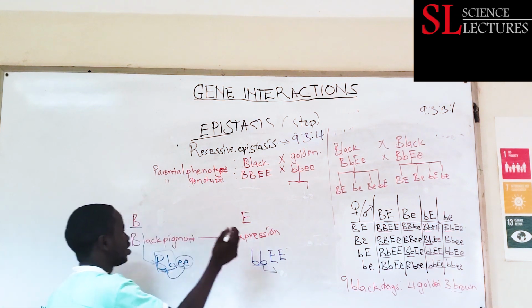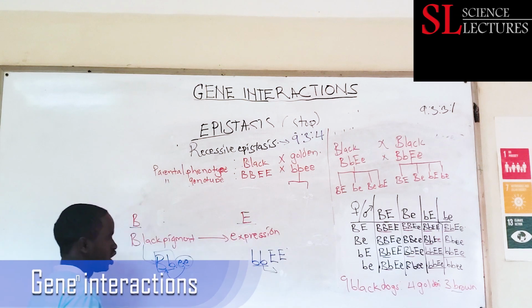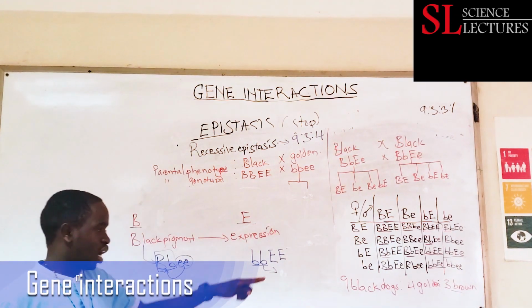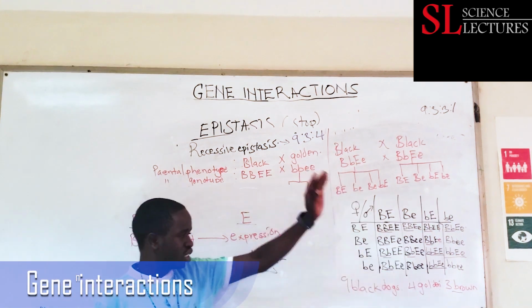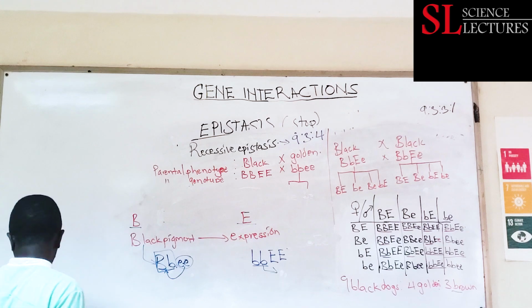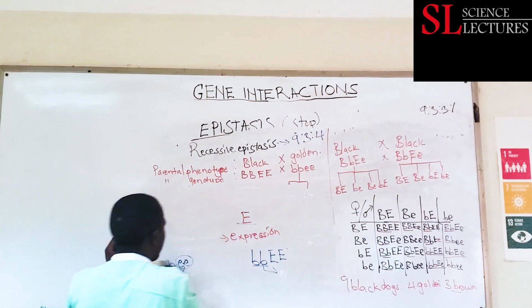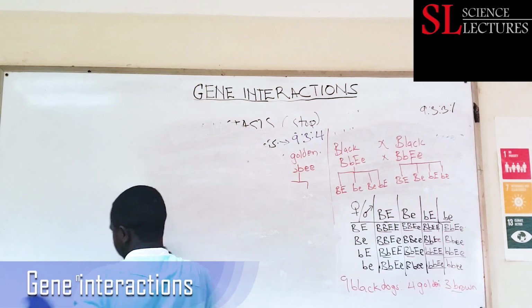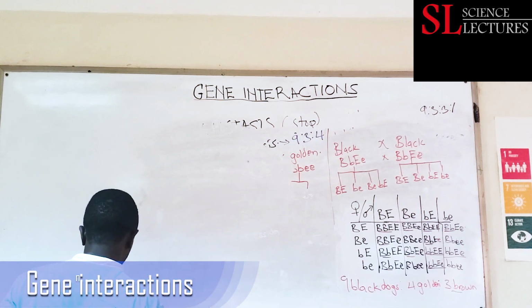Having any mutations in either gene B or gene E will give us completely a different phenotype. And the ratio is 9 to 3 to 4. Hope that is understood. So let's sum up everything with a very simple table that summarizes whatever we discussed today.